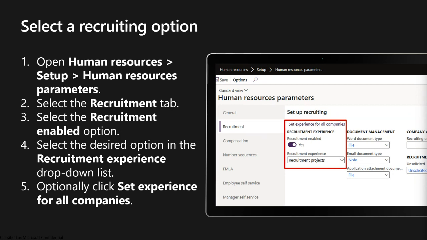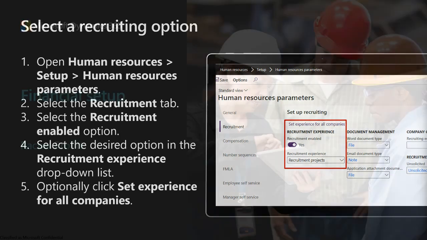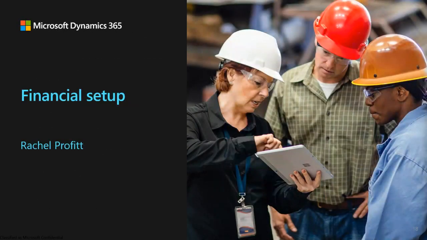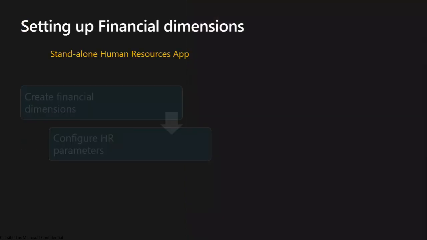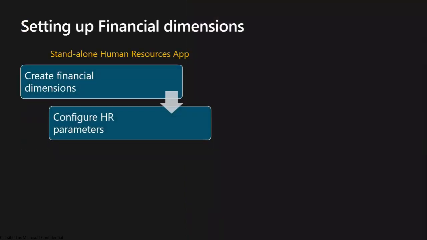All right. So now we're going to move on and talk a little bit about the differences that you'll find between the standalone infrastructure and the merged infrastructure in relation to the financial setup. When you were running the standalone human resources app, it was important that you set up some very basic financial dimensions and some HR parameters to tell the system how you wanted those things to work.